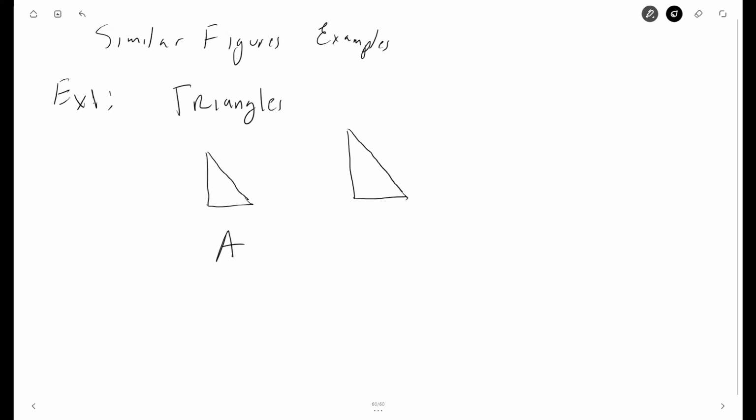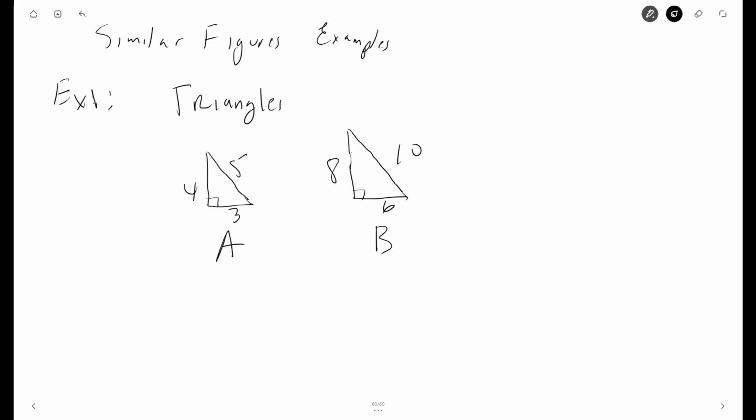So this will be triangle A and this will be triangle B. Say this is 90 degrees, 90 degrees. Let's say this is 6, 8 here and 10 here. And for the other, let's do 3, 4, and 5.